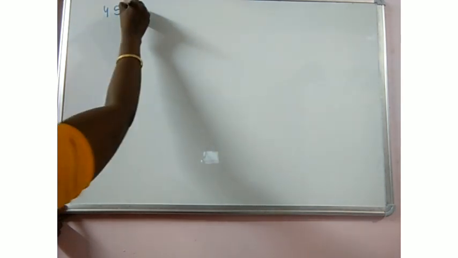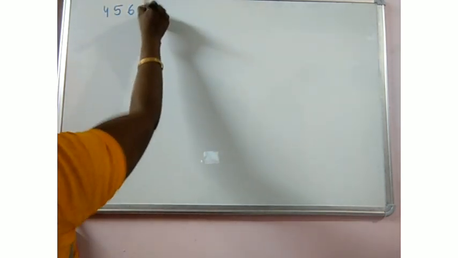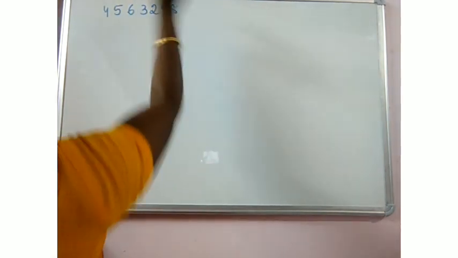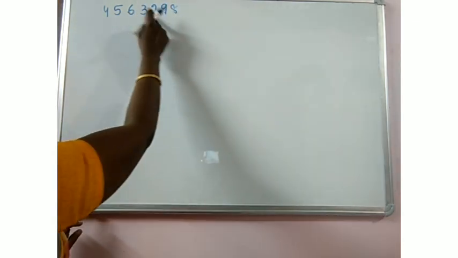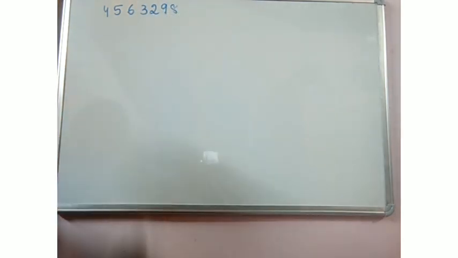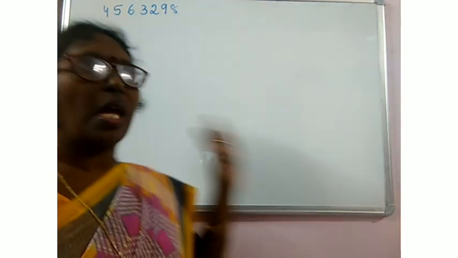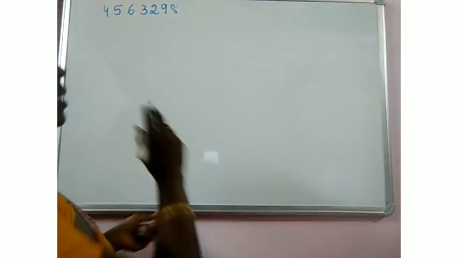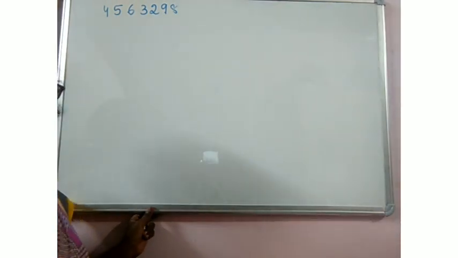How to express the numbers? 4, 5, 6, 3, 2, 9, 8. I gave a 7-digit number. How to express this in standard form or scientific notation?